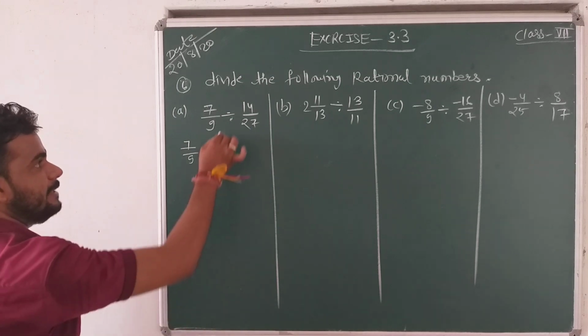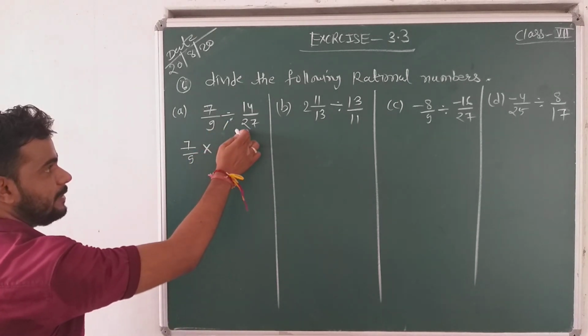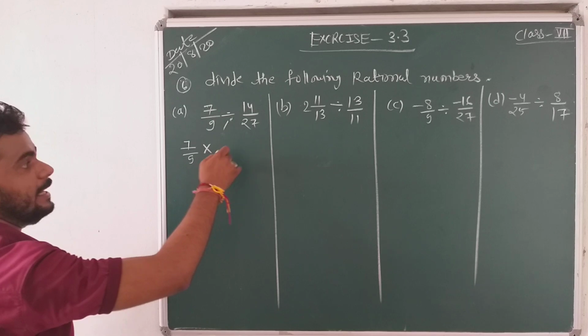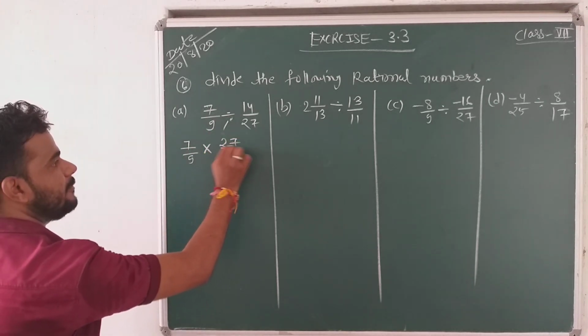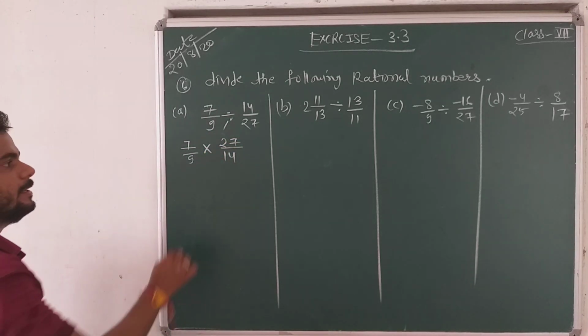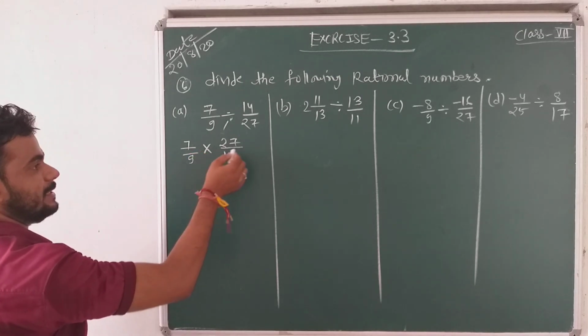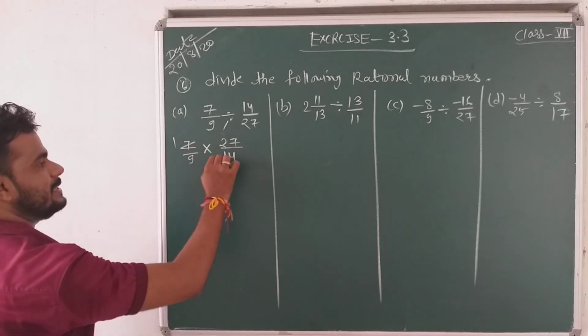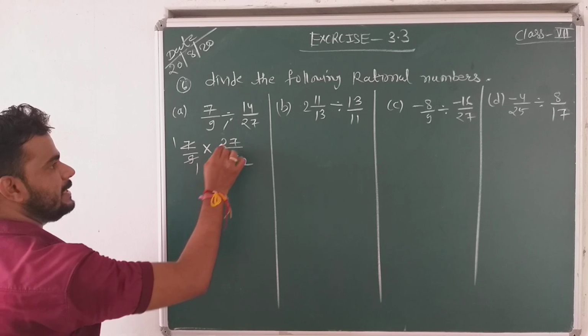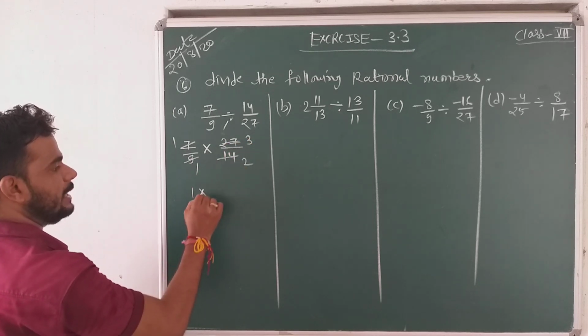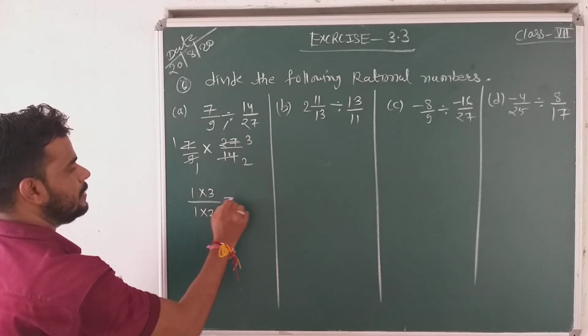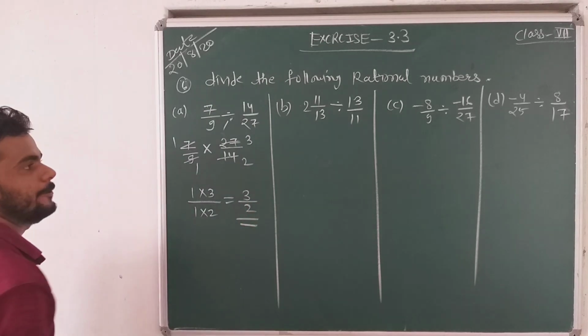As you know, when division is changed to multiplication, the number after the division sign becomes its reciprocal. So 27 by 14. Now cut by common numbers: 7 1 is 7, 7 2 is 14, 9 1 is 9, 9 3 is 27. So 1 multiply 3 and 1 multiply 2, result is 3 by 2.